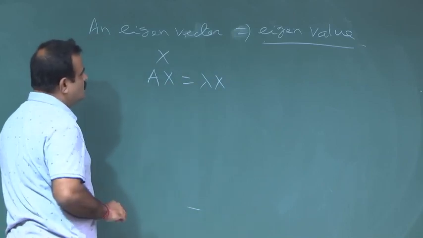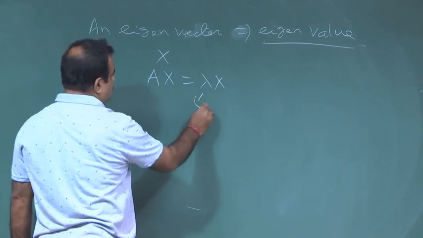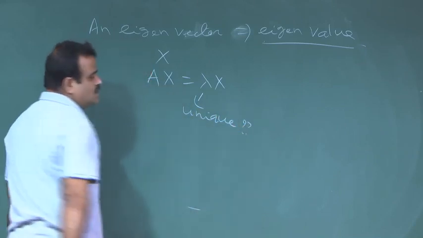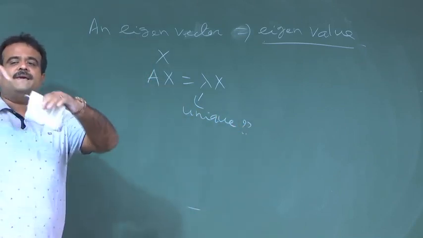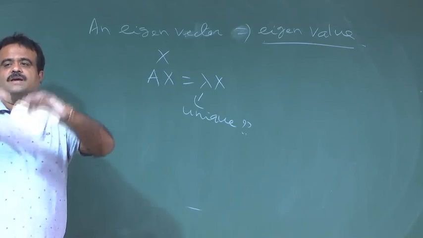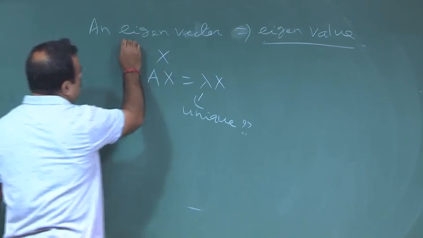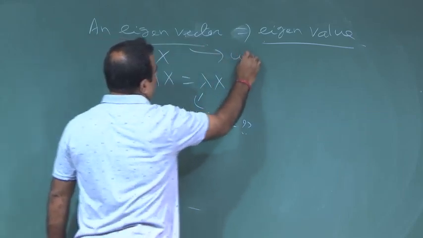Now the question is, is this lambda unique? Can we get two eigenvalues corresponding to one eigenvector? The answer is no. This eigenvector will correspond to a unique eigenvalue.